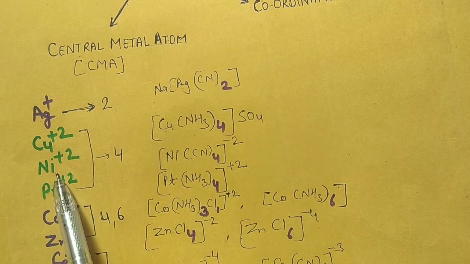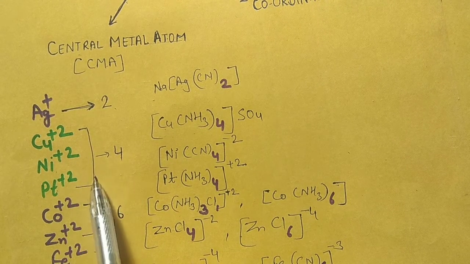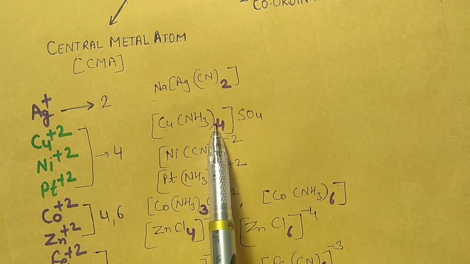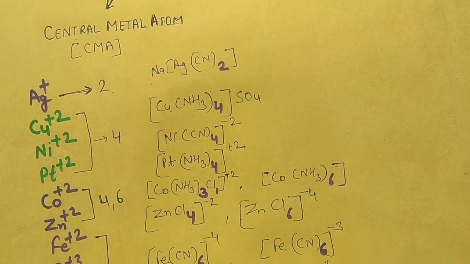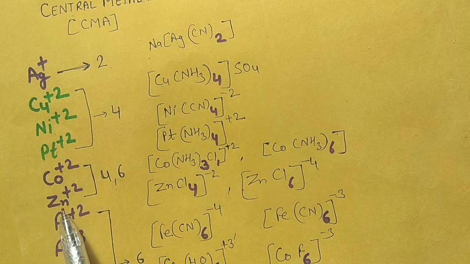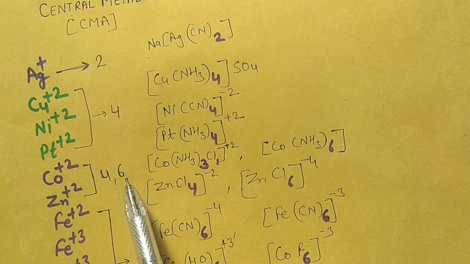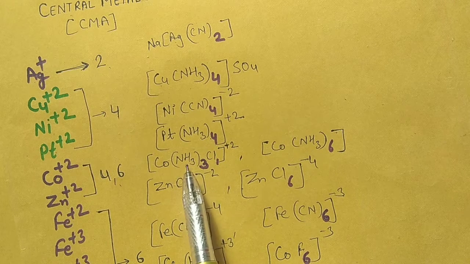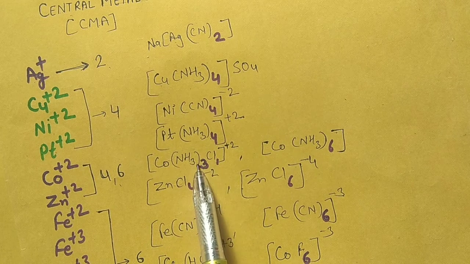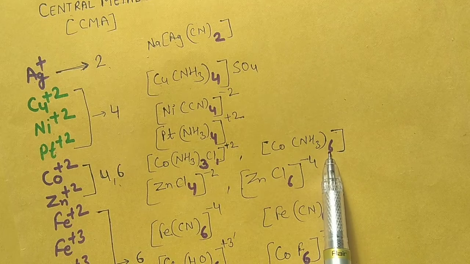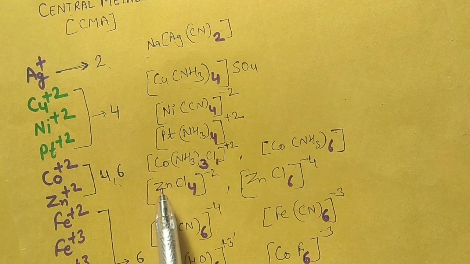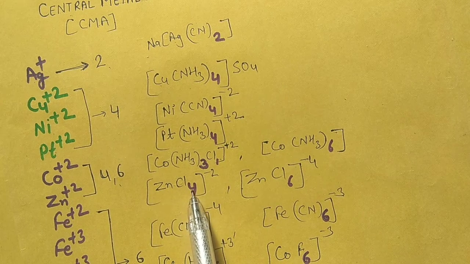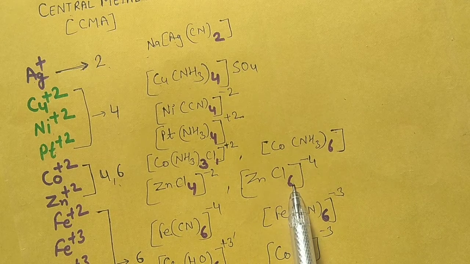For Ni2+ and Pt2+ it is 4. For Cu2+, Co2+ and Zn2+ it may be 4 or 6. In this example the coordination number of Cu is 4, while in this example it is 6. For Zn, in this example it is 4 and in this example it is 6.